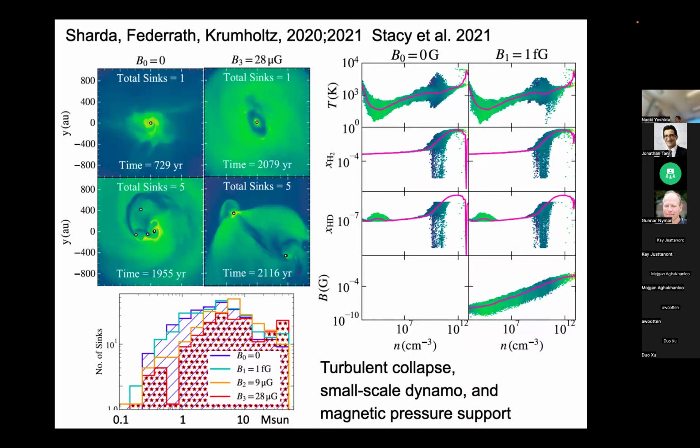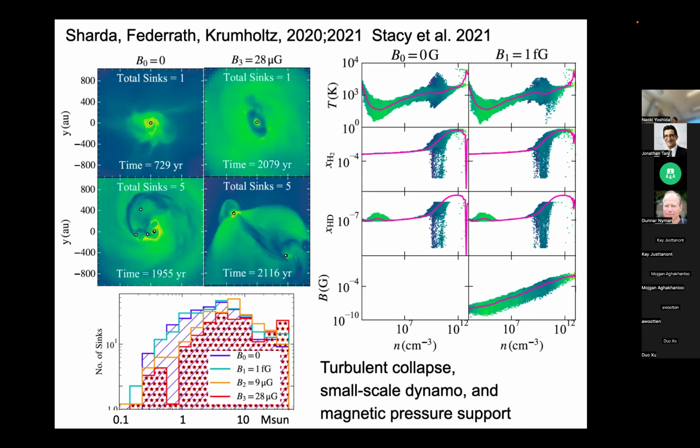So here I show the simulation by Sharda et al. Just comparing, by a parameterization, starting from no magnetic field or with a small amount of initial magnetic field, the same object evolved very differently. The zero magnetic field case shows a typical fragmentation and star cluster formation, but with this slight amount of magnetic field, it produces in this case only two, forming this binary thing.